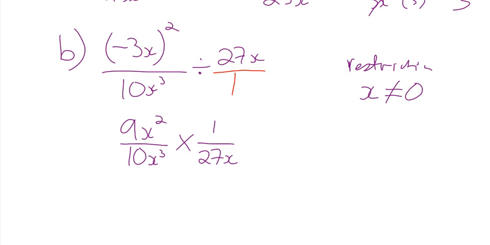What we want to do is find a way that works for you that gets you the answer. So if I show you a way and you ask, can I just do this? I'm just going to ask, do you get the right answer all the time? And if you say yes, then it's fine. Do it. I would just go 9, I cross off the 9 and the 27 and put a 3, and I take out the x squared. But maybe that doesn't make sense for you, right?